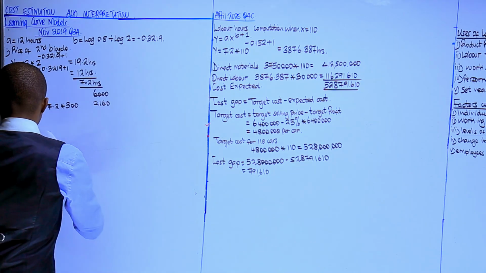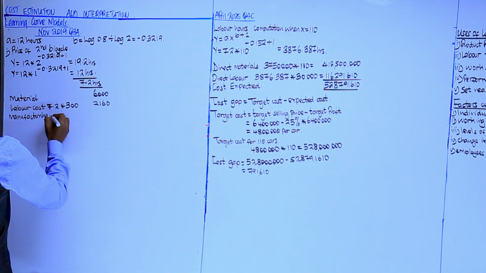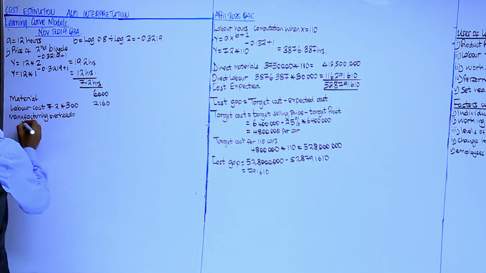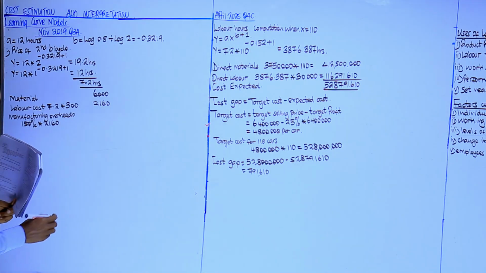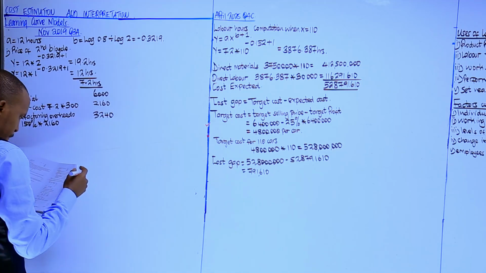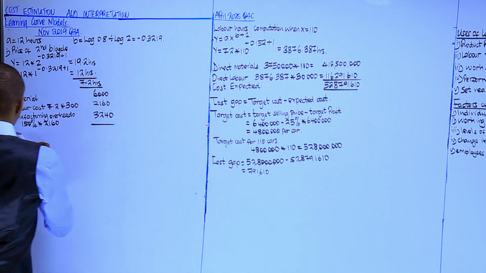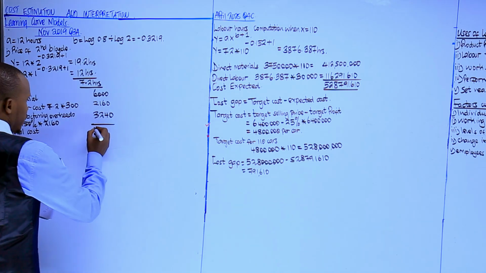You add manufacturing overheads, which is 150% of labor costs, which is 3240. So that's your total cost of the second bicycle, 11,400.